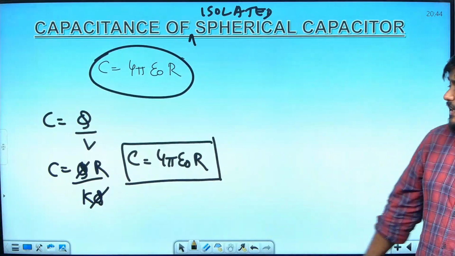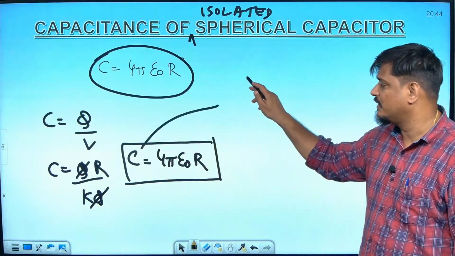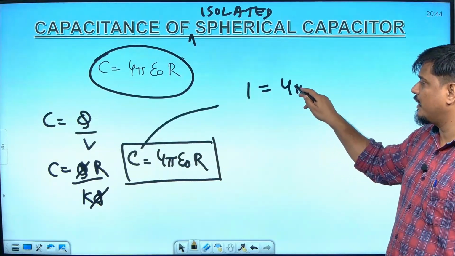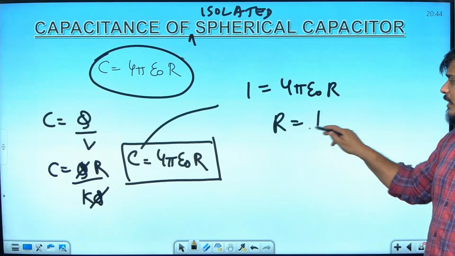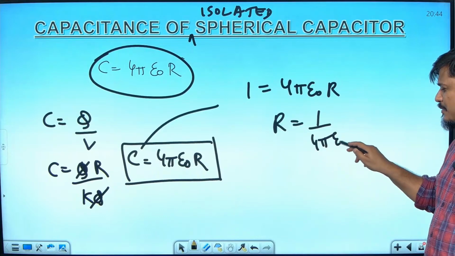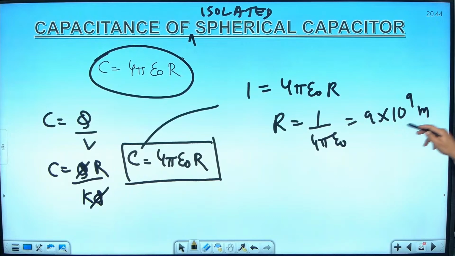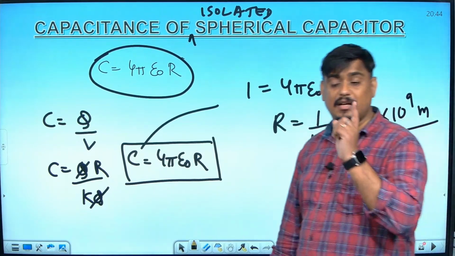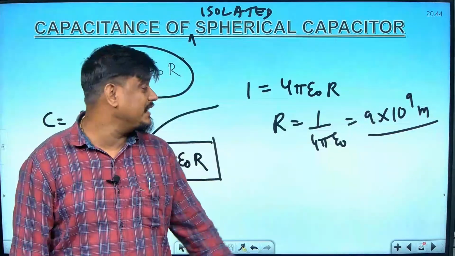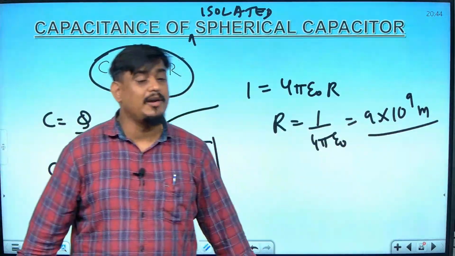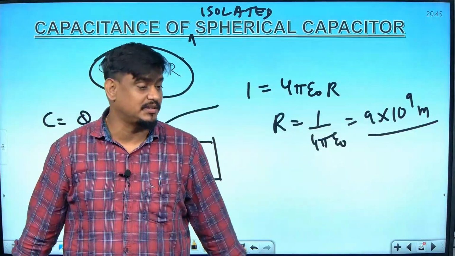This gives us an idea how big 1 farad capacitance is, because if I put the value of C as 1, 1 will become equal to 4 pi epsilon naught R, and R will become equal to 1 by 4 pi epsilon naught. Its value is 9 into 10 to the power 9 meters. To hold 1 farad capacitance, we need a capacitor of radius 9 into 10 to the power 9 meters, which is almost 1000 times bigger than the earth size.